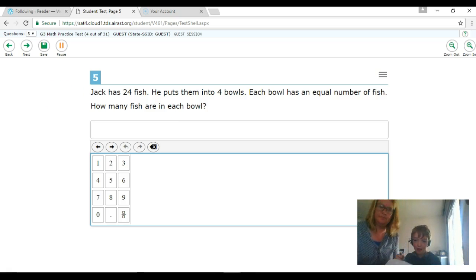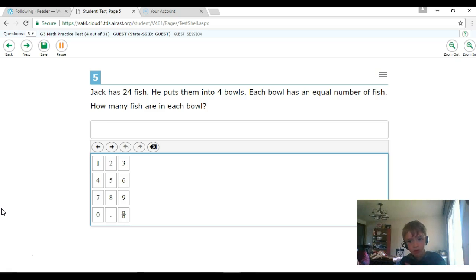Okay, got 4 circles. 24 fish. 1, 2, 3. 2, 3, 4.